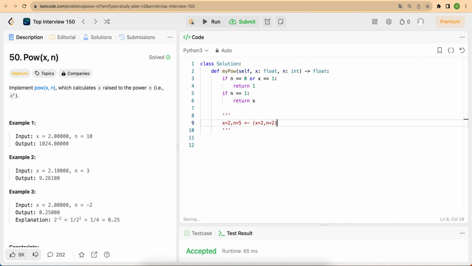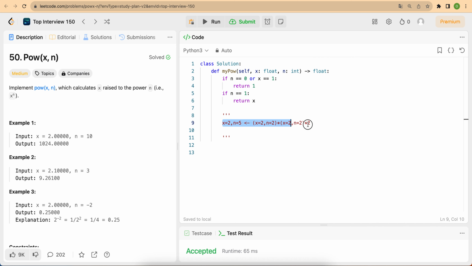We will just times this result, right? N equals 2, x equals 2, sorry. Yeah, and then we will multiply it by 2. So, right?